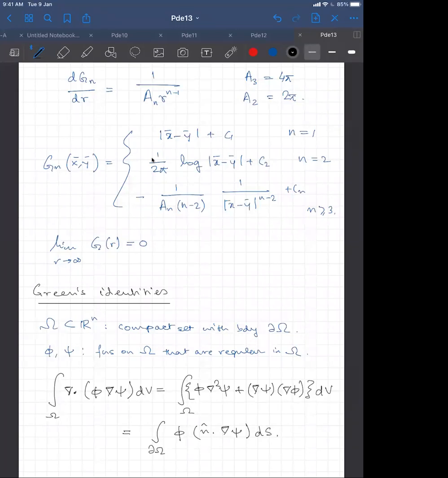Here n is the outward pointing normal to del omega. So this particular identity is going to be called Green's first identity.